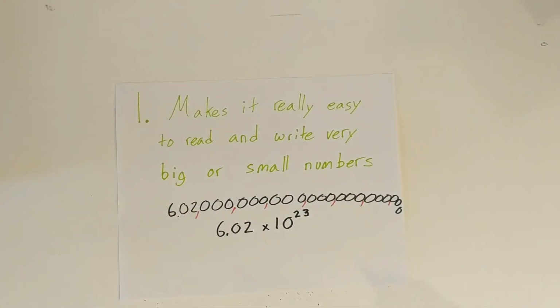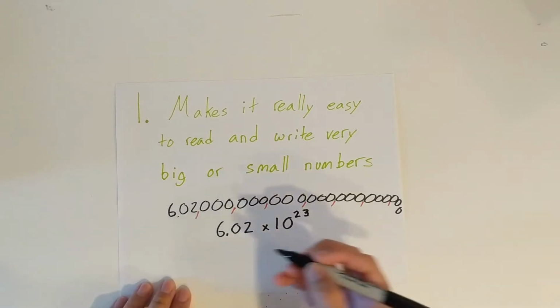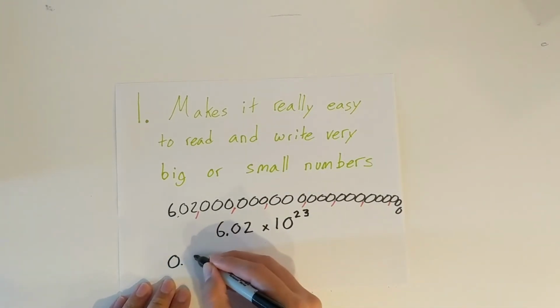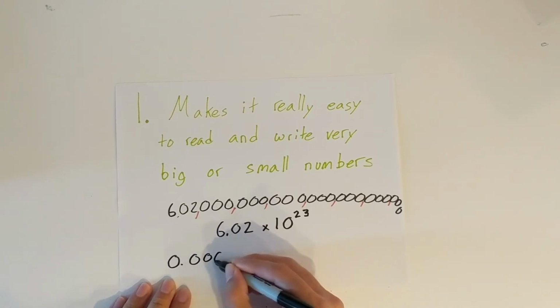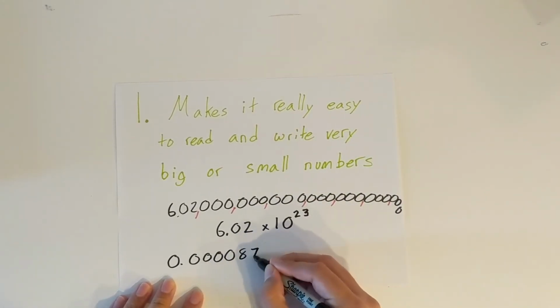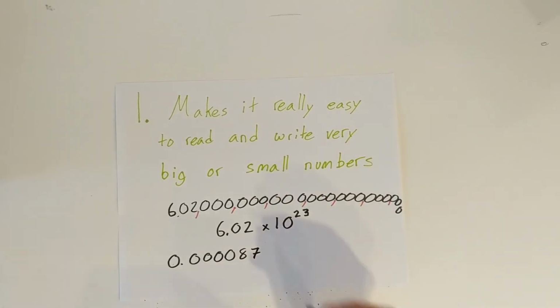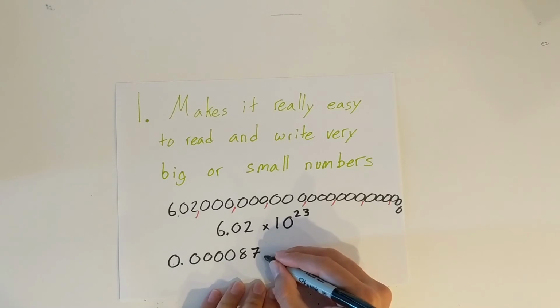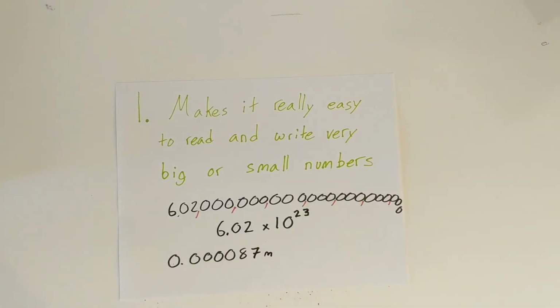Let's say I was talking about something like the width of a hair. Hair varies in width, but we'll say it's 0.000087 meters.